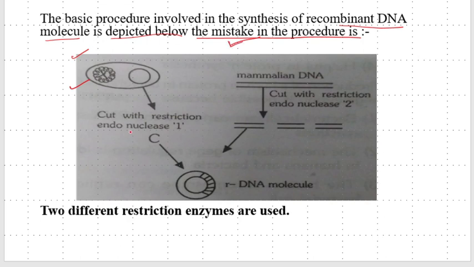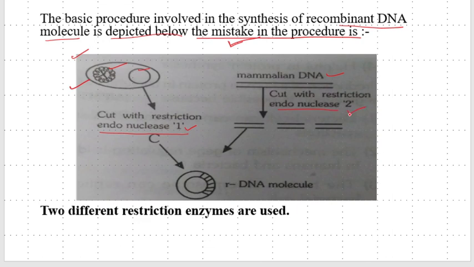So let us see. Here you have a bacterium. This is the plasmid, this is the bacterial chromosome. Here you have a DNA, and they have given mammalian DNA. It is cut with restriction endonuclease 1, and here it is cut with restriction endonuclease 2.